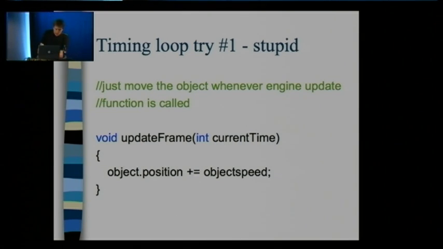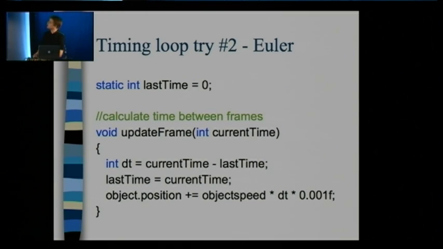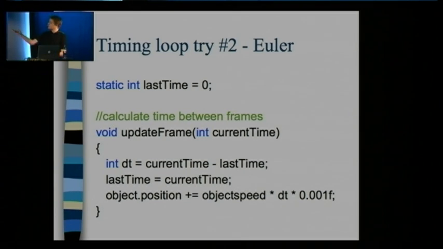So we're going to improve this by doing another kind of update loop. In this update loop, we measure the difference between the last frame and the current frame. So, for example, if your demo is running at 100 frames per second, then the DT, delta time here, would be like 10 milliseconds.